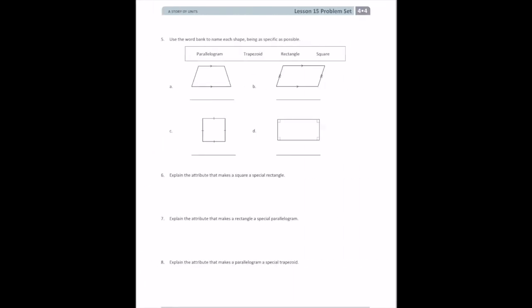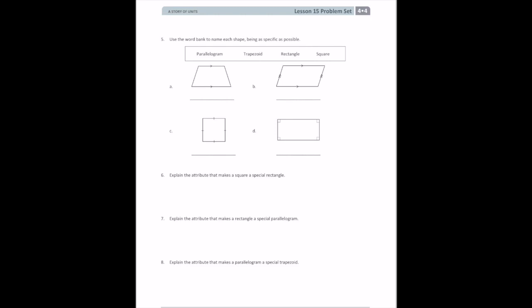All right. Number 5, use the word bank to name each shape being as specific as possible. All right, this is the fun part that you've done probably even in 2nd or 3rd grade, but now they're really asking you to understand some of these attributes that we've been talking about.